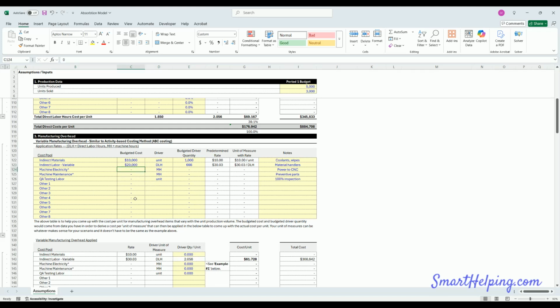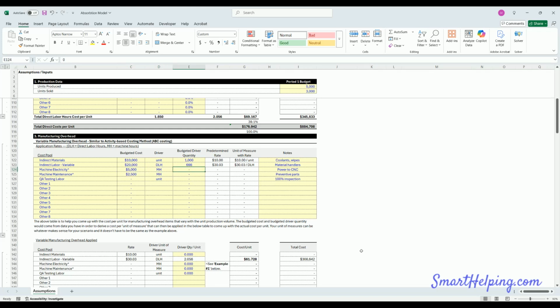All right, machine electricity and machine maintenance. So here I've made a note, or a bullet, or a little star you'll see at the bottom. But let's say it costs $5,000 in electricity and maintenance. Let's say machine hours is our driver, and so we're going to say, well, how many machine hours do we get? Or, how many machine hours for $5,000?